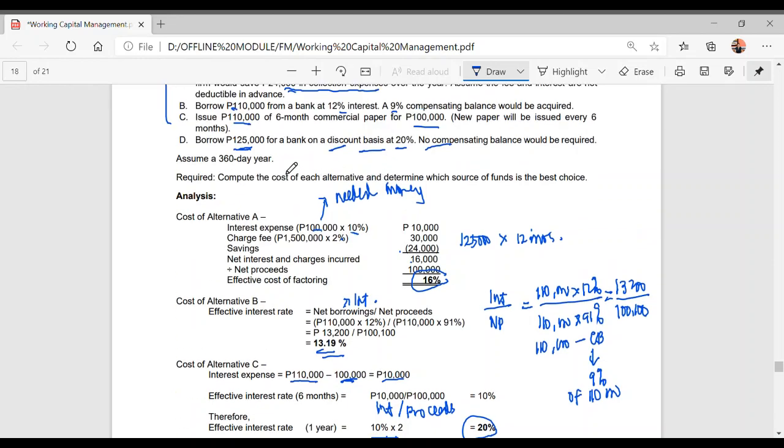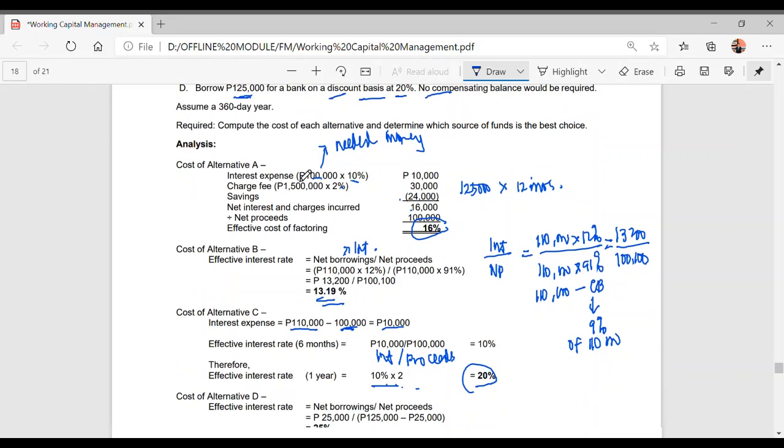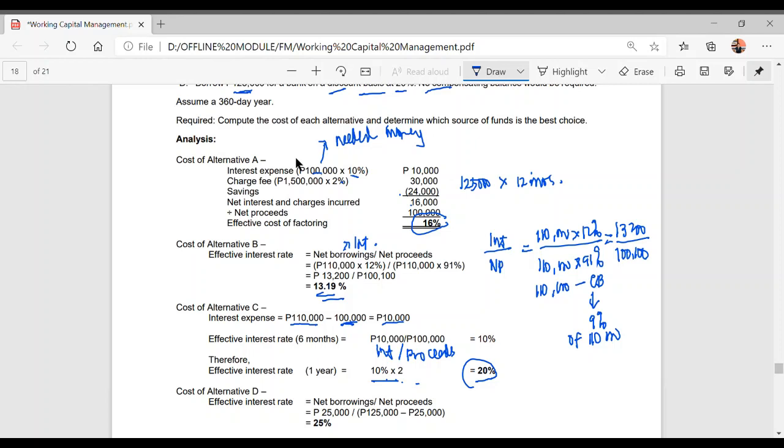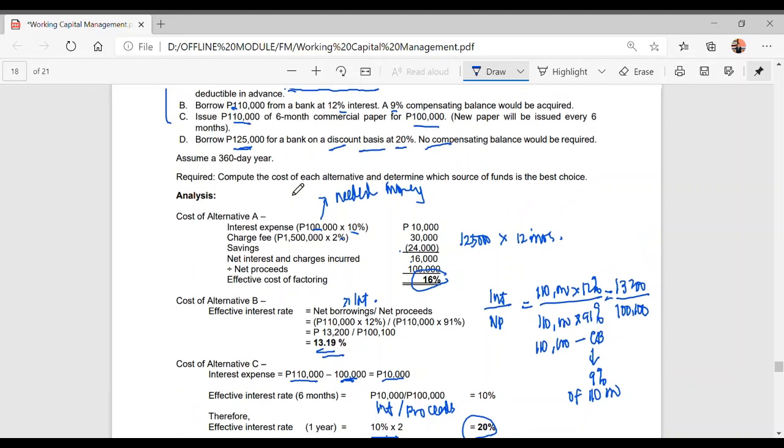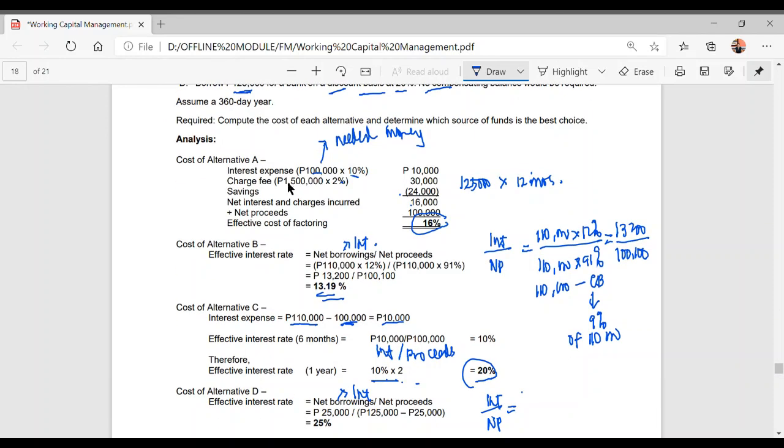Cost of letter D: borrow 125,000 from a bank on a discount basis at 20%, no compensating balance. So we're going to deduct the interest. Again, this is for the interest, so you have interest over the net proceeds. That's equivalent to 125 times 20%, over 125 minus the interest, or you can expand it as 125 times 80%.